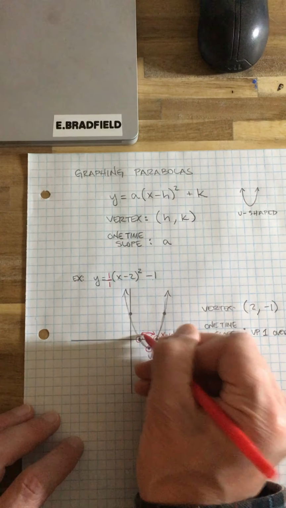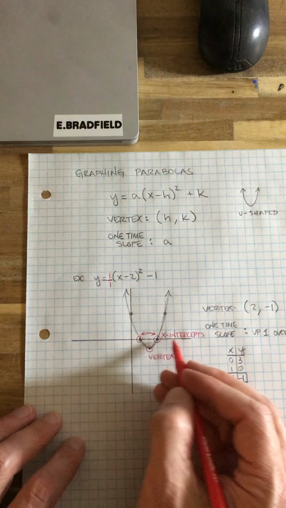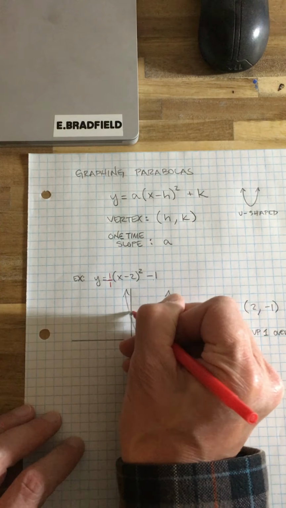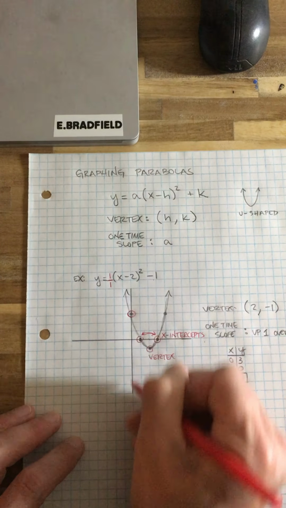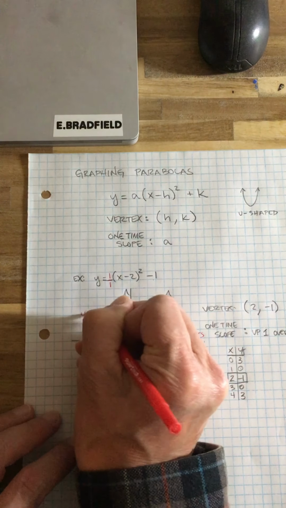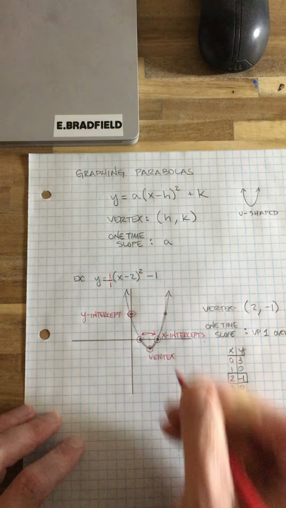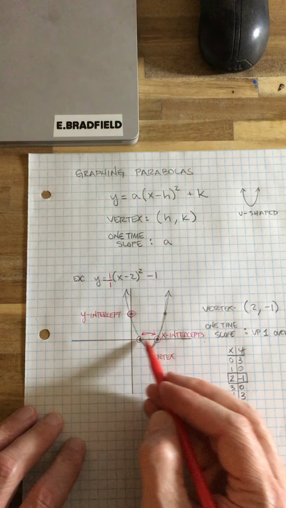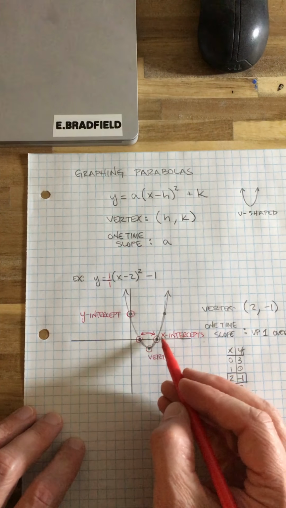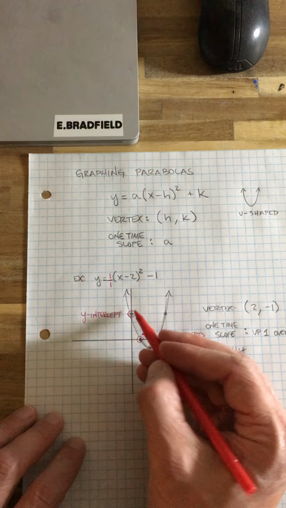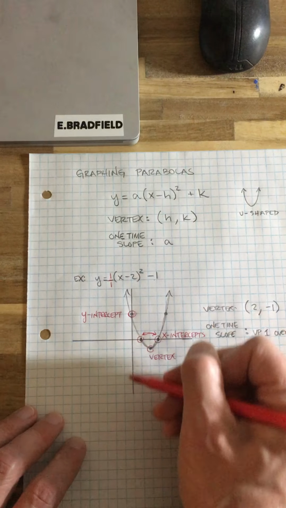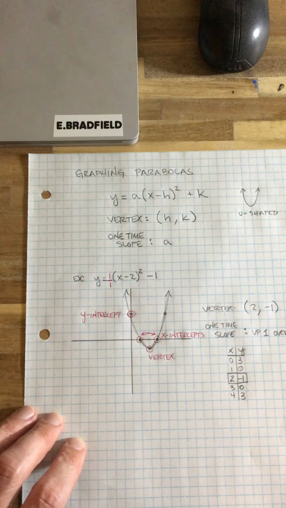That's really sloppy. I'm sorry, guys. Anyway, those two guys are my x-intercepts. And this guy right here is on the y-axis. This is called my y-intercept. So the 2 points right here on the x-axis are called your x-intercepts. And this point right here on the y-axis, that's called your y-intercept.